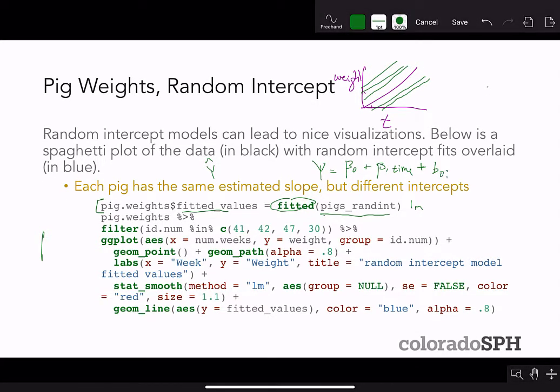So for each pig, represented by i, your fitted value y i hat is going to be the sum of the population intercept, which is this beta 0, plus your subject specific intercept, which is your beta 0 i, plus time times your beta 1. That's where that's coming from.